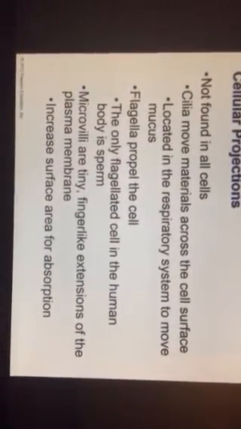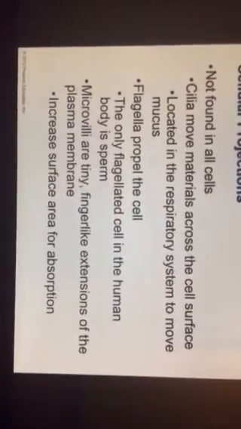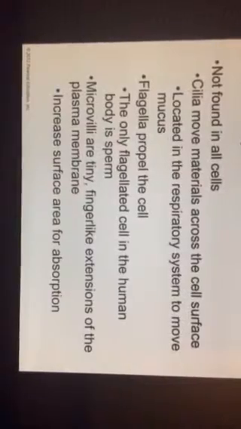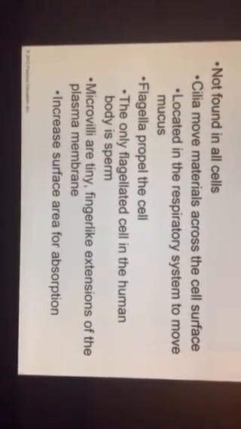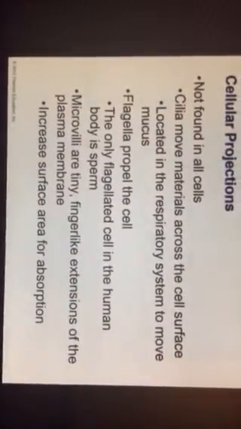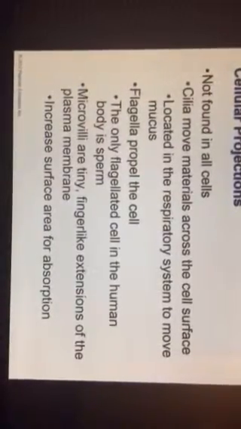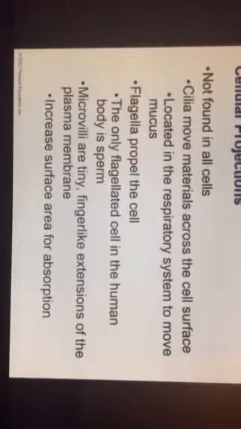Flagella, you only find in humans in the man's sperm cell. And it's a little locomotive agent. It's a little whip-like tail to help the sperm get where he's going. Also found on the outside of some cells are microvilli.